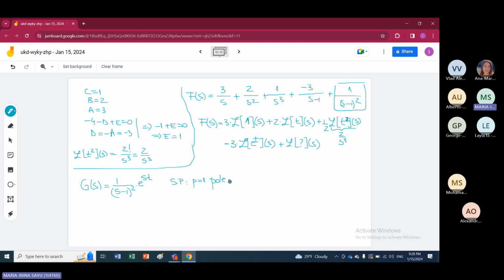This is a pole of order 2, and the residue of the function g of s at s equals 1 is the limit when s goes to 1 of the first order derivative of s minus 1 squared times the function.